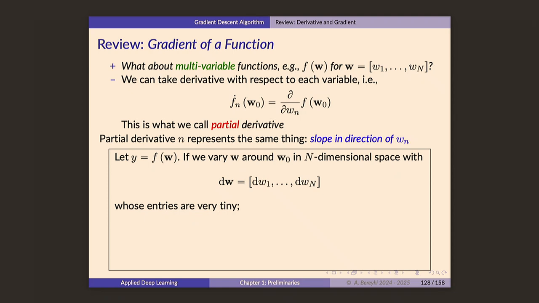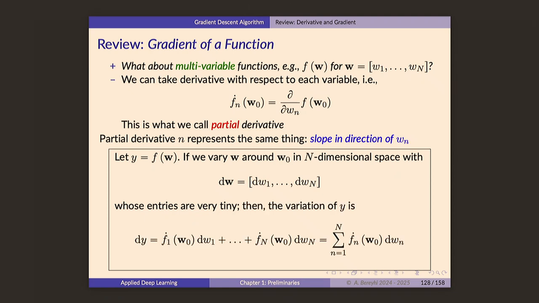Great. So what we can think is that we have one vector which has n different entries. Each of them is a very tiny step. And what we are looking for is, when we are moving in that tiny direction, how much our function is changing. And if we want to compute that, again, we can use the partial derivatives.